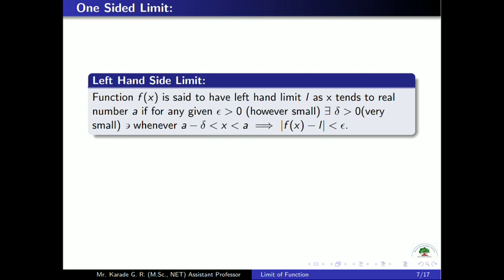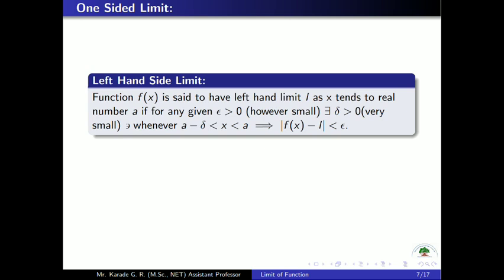So this is the mechanical definition, but the geometrical meaning of this definition is very simple. The values of function f of x are said to be approaching towards L if x approaches a from the left hand side of a on the real line.